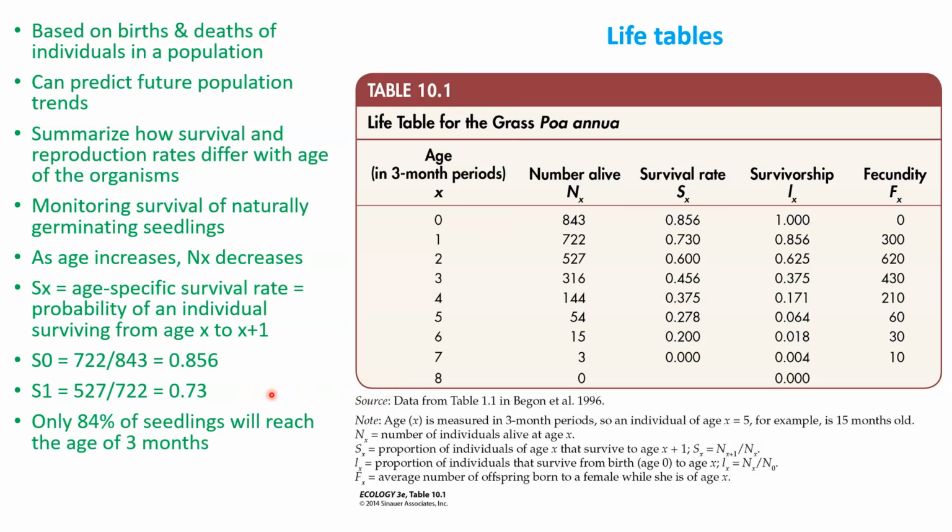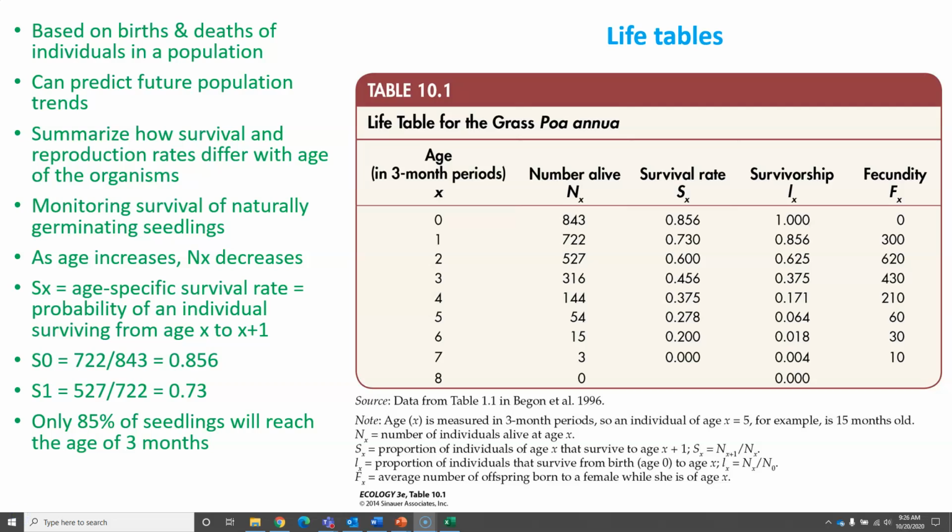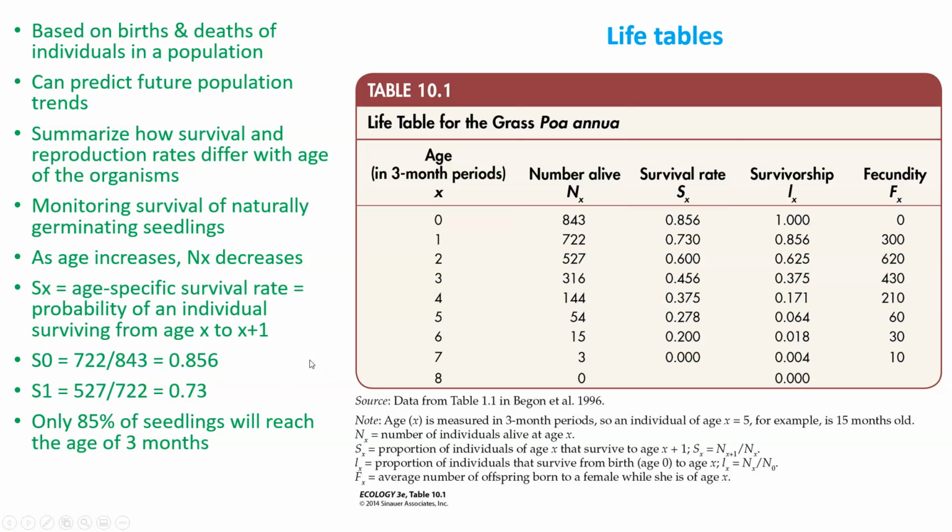Let's move on. So another way to interpret this is that only 85% of seedlings will reach the age of 3 months, right? And then the next one is 0.73. What does that mean? Only 73% of 3-month-old grasses will reach the age of 6 months.